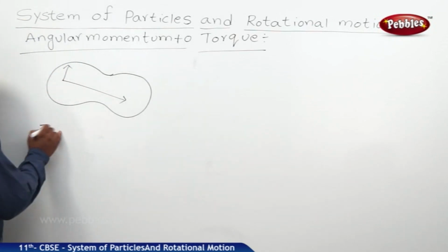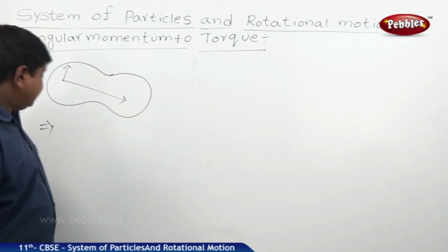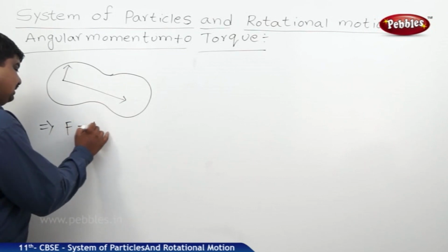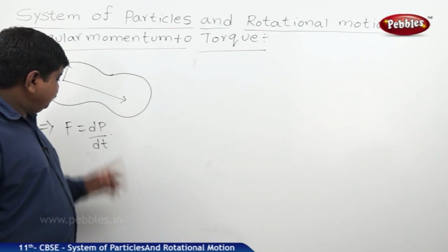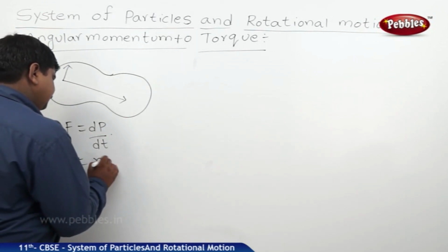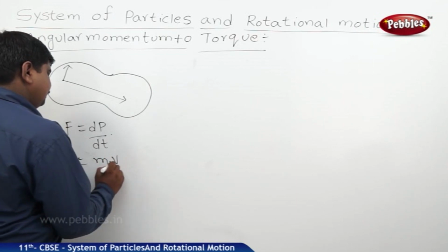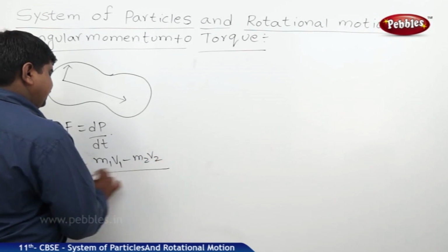In this case, if we apply Newton's second law of motion, F is equal to dP by dt, where dP is the rate of change in momentum. Therefore, m1 v1 minus m2 v2 by t.